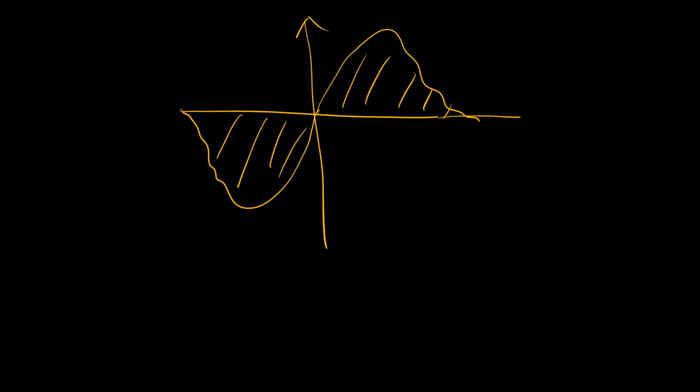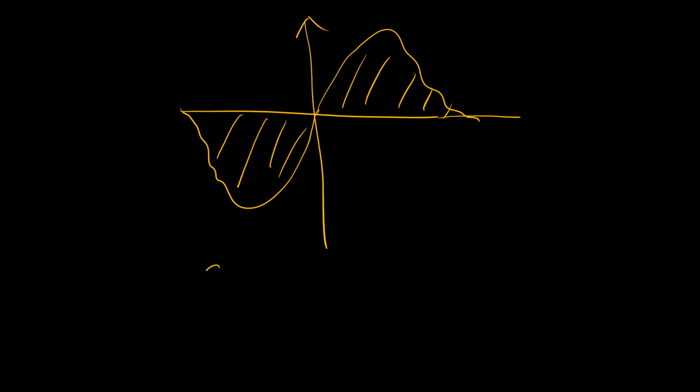So a representation that might help us is if you had something like that. I'm not saying this is how it would look. In the negative domain, things would look like that, so that the area in the positive domain is positive, and in the negative domain it's going to be negative.